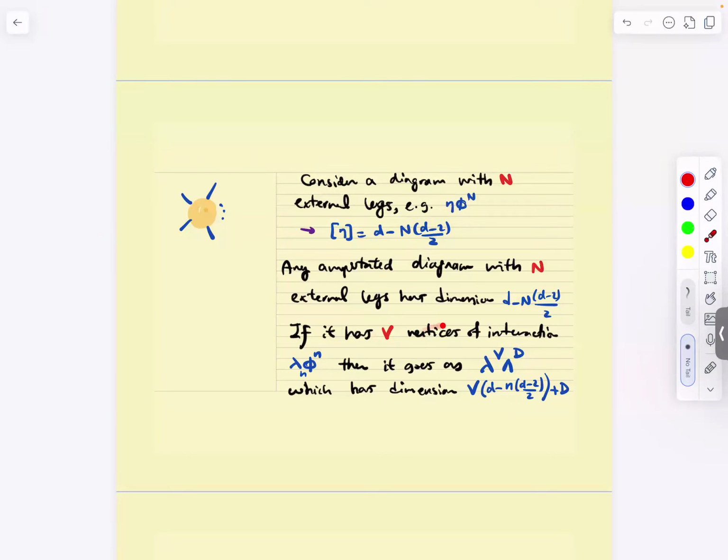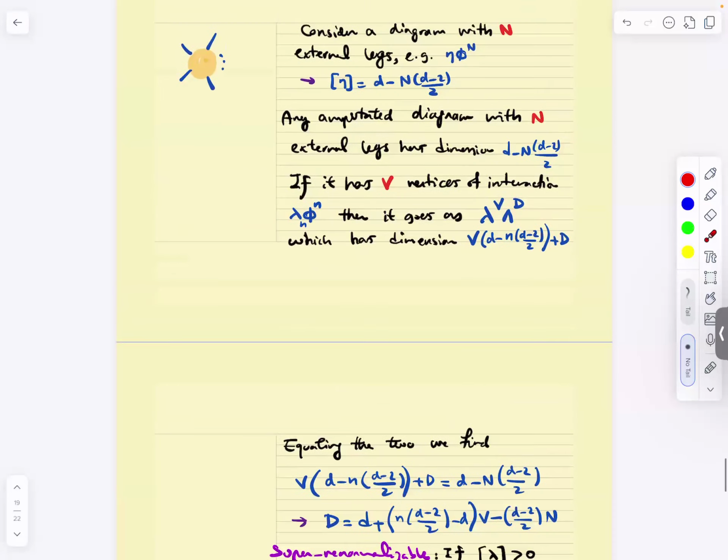The contribution of the Feynman diagram with V vertices with this interaction will have this dimensionality. Right? The very fact that this diagram contributes to this scattering amplitude tells you that they have to have the same dimensionality.